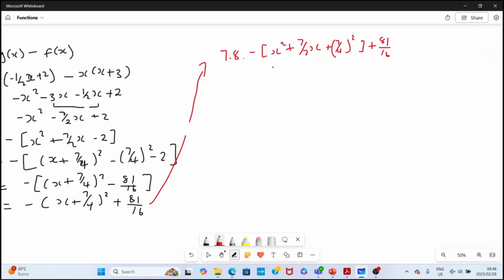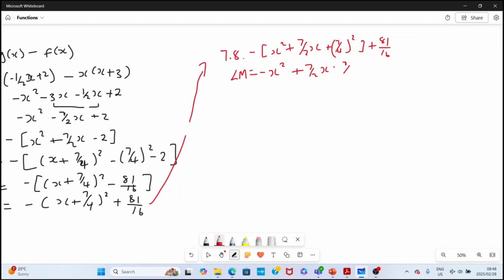So this is still our LM, right? This is still our LM. So if we take this out of the brackets, we have minus x squared, we have plus 7 over 2x, and then we have 7 over 4 squared.